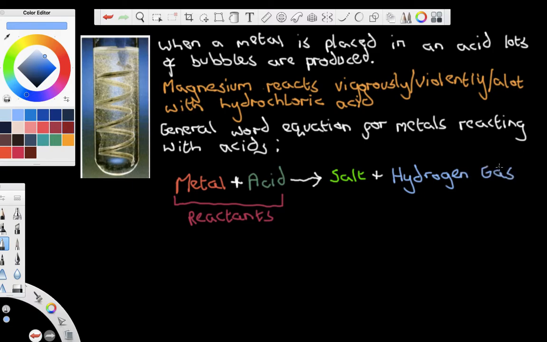Now, if these are our reactants, over on this side, the salt and the hydrogen gas are our products.